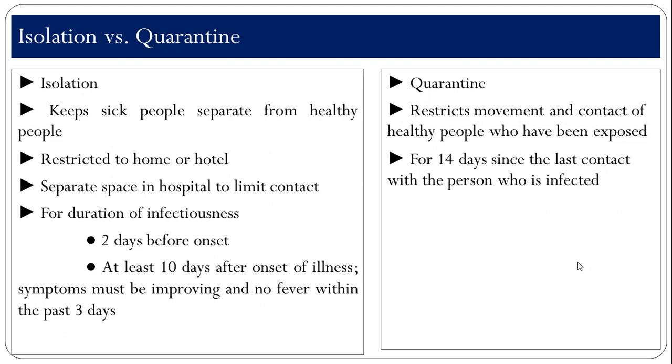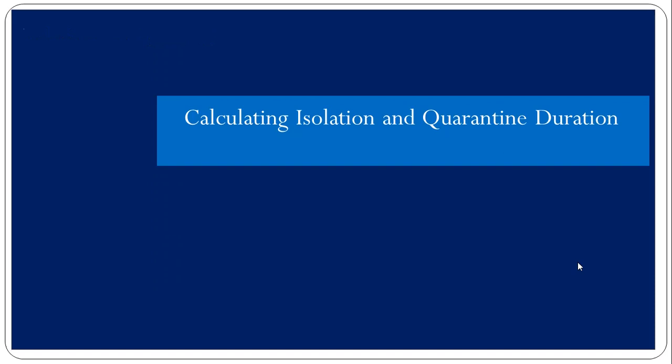Contacts should be quarantined for 14 days since the last contact they had with the infectious patient, the person who may have infected them. So, it is important to know when their contact was to be able to figure out how long they need to quarantine.